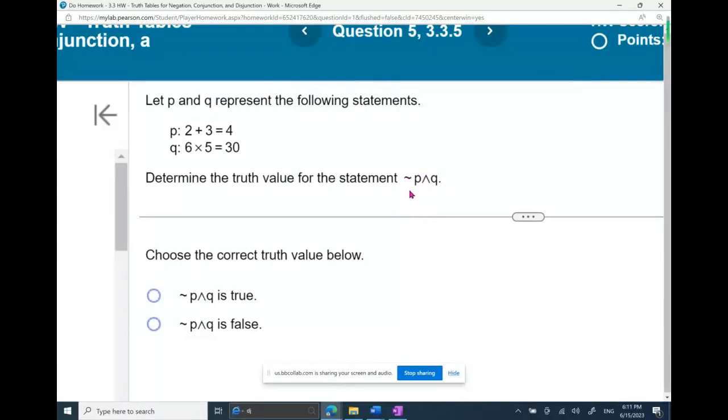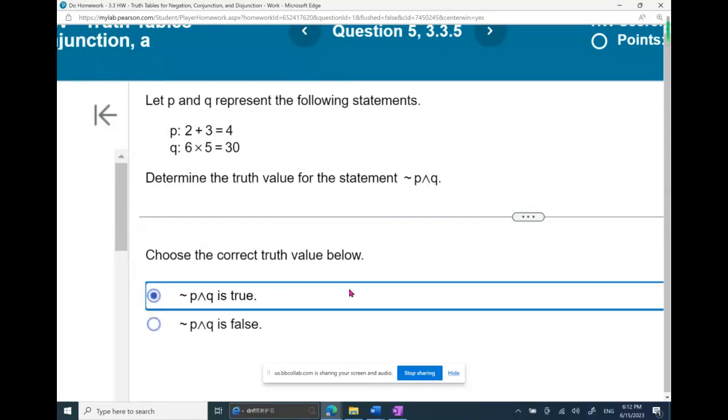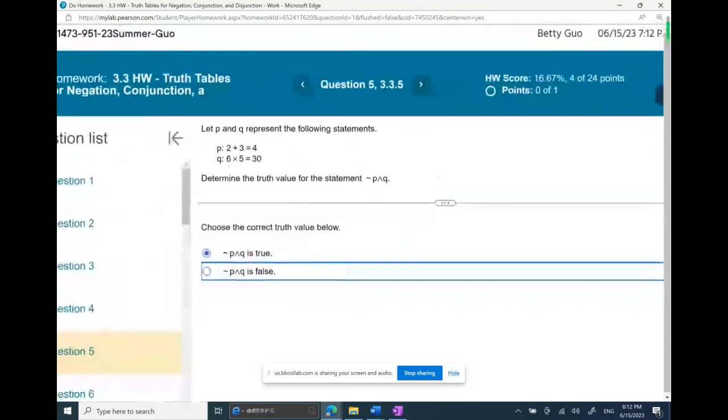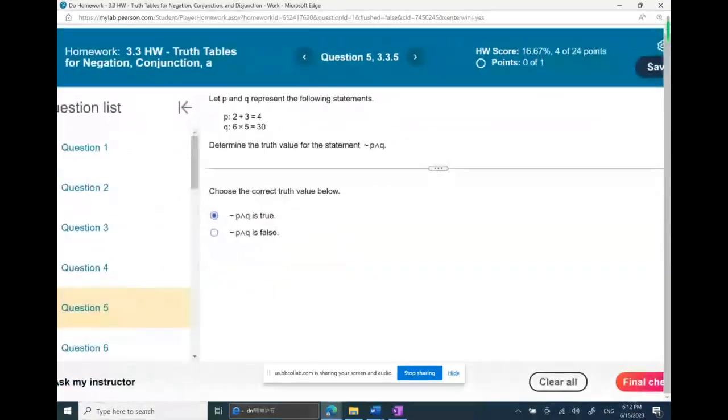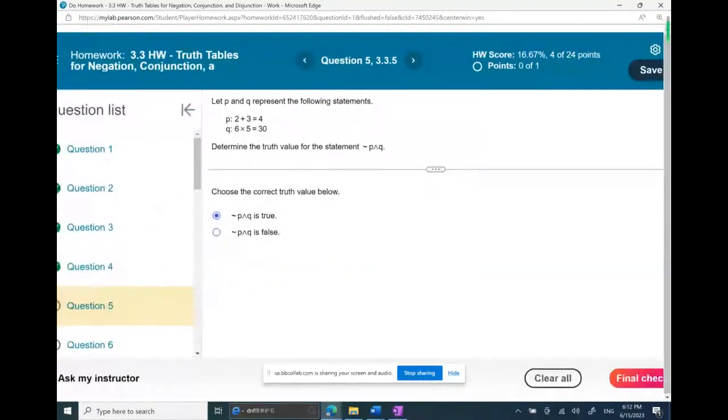Let's look at the value of not P, this first component. P is false, so the negation of P is true. So the first component of this conjunction is true. And the second component of the conjunction is also true. That makes this conjunction true because both of the 2 components are true. As you can see, the 2 component statements are not always simple statements.